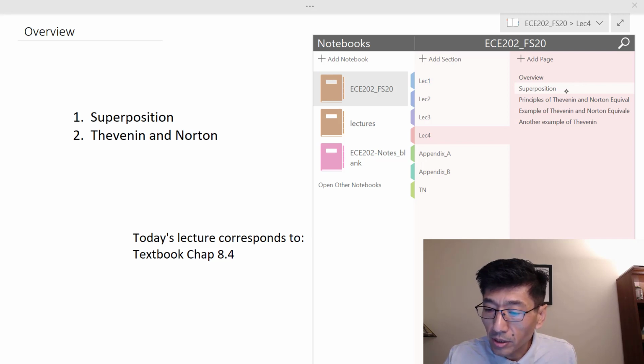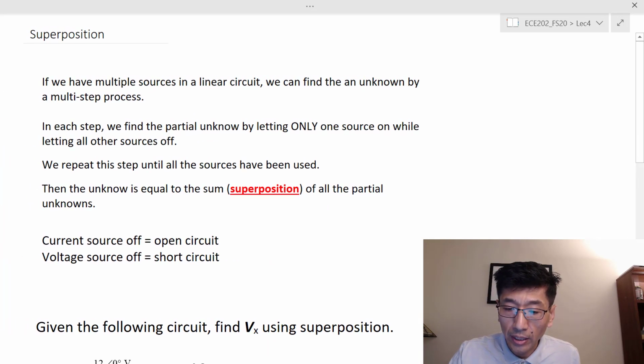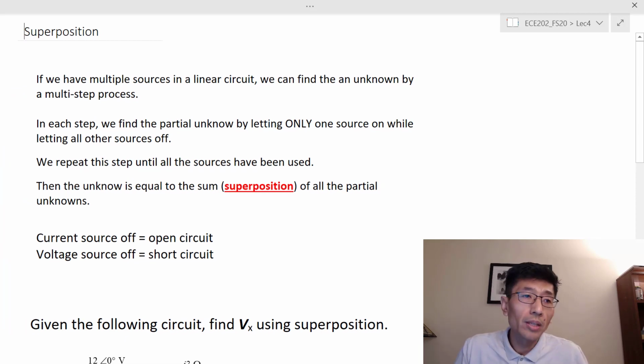Superposition is really useful if you try to figure out a circuit by hand, especially smaller circuits. The circuit has multiple sources, and you're trying to figure out a particular voltage or current around a certain element. The way you do it is, each time, you solve a partial solution by energizing only one source.